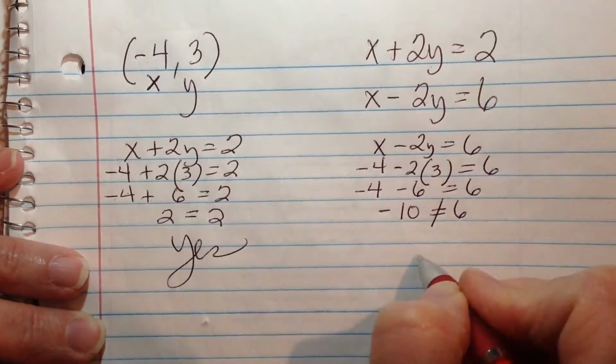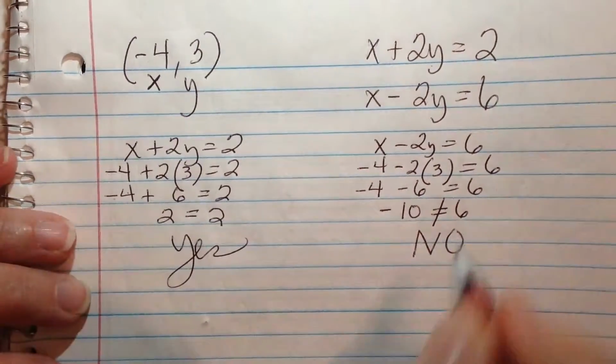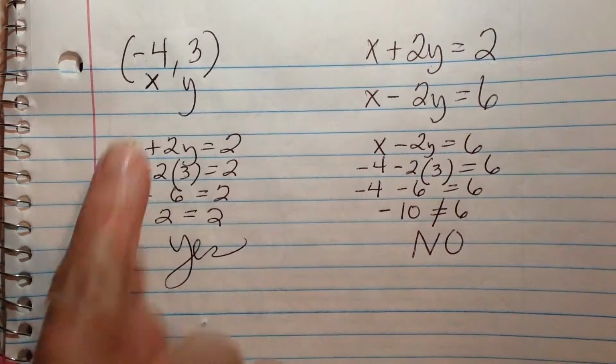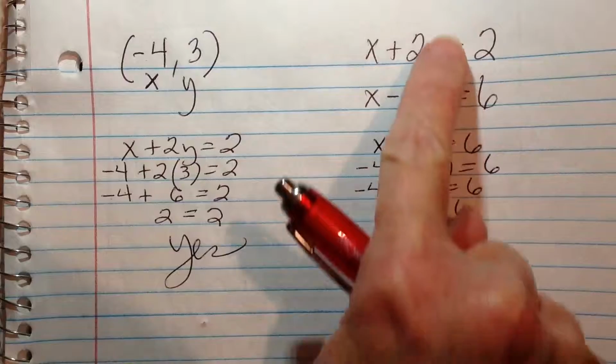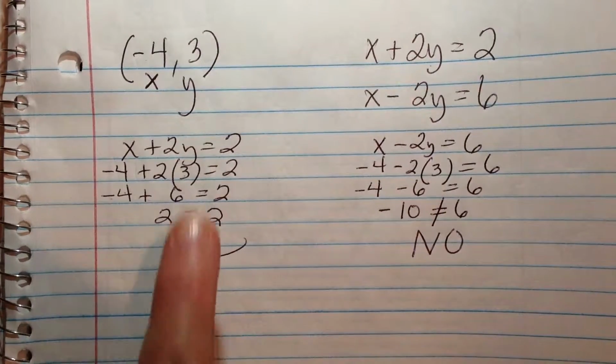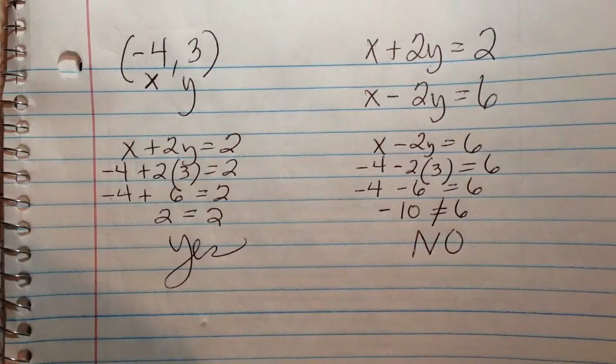Those do not equal. Therefore, the answer to this problem would be no. This point is not a solution to this system of equations. So in order for it to be a solution, you have to have yes on both of these, or this point is not a solution to the system of equations.